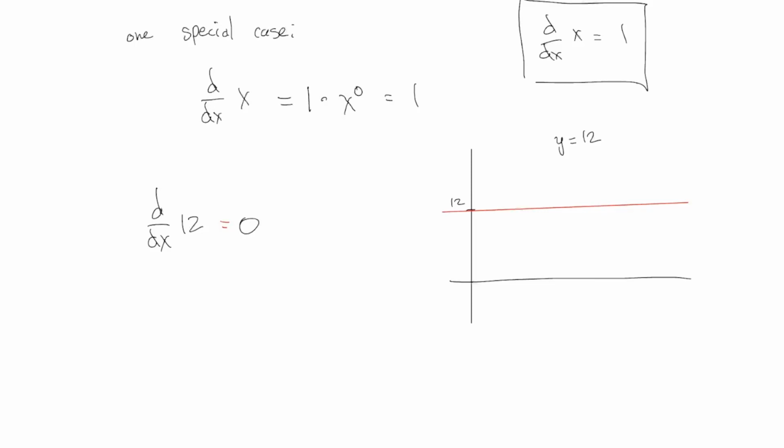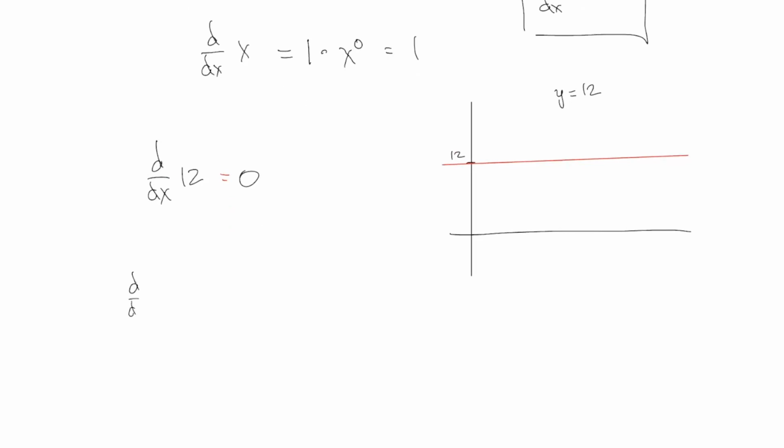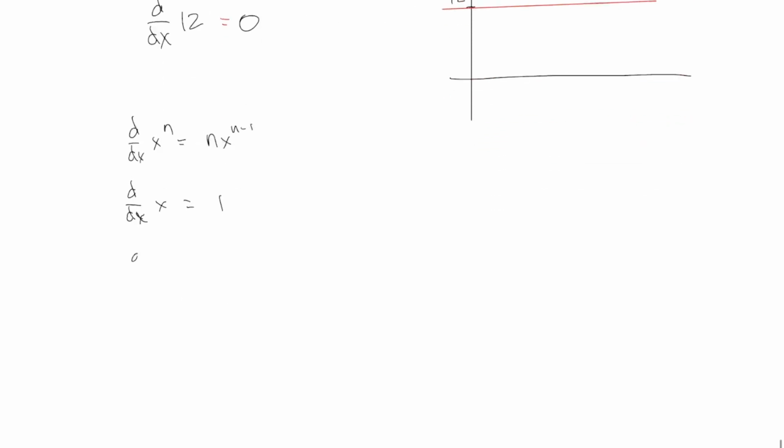So this is one last rule to put in a box. Maybe I'll put them all together here. Derivative of x to the n is n x to the n minus 1. Derivative of just x by itself is 1. And the derivative of any constant c is 0.